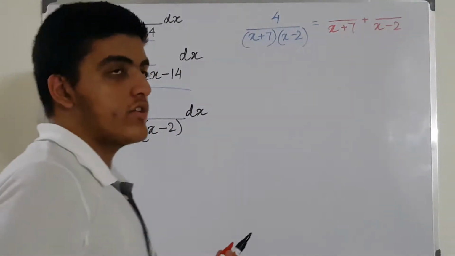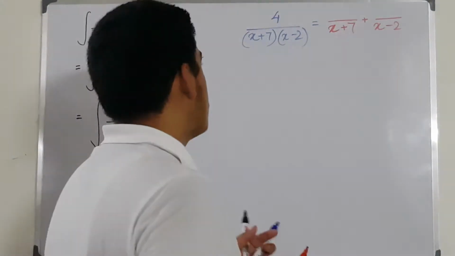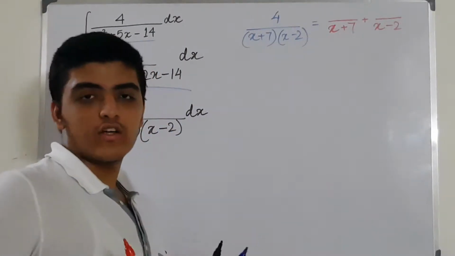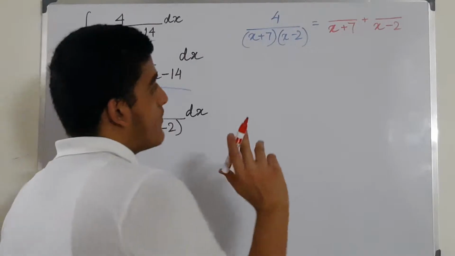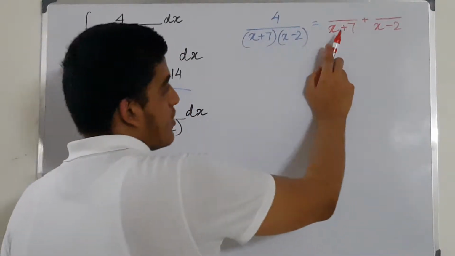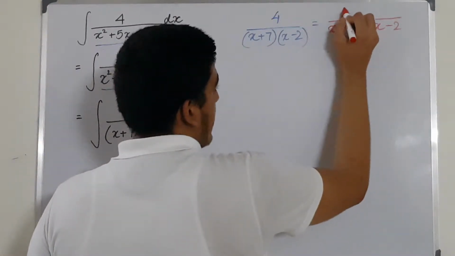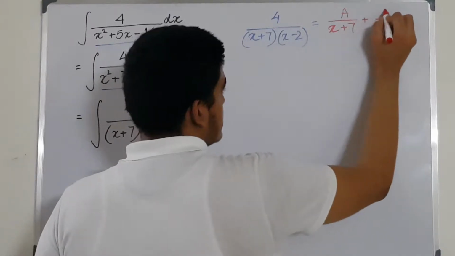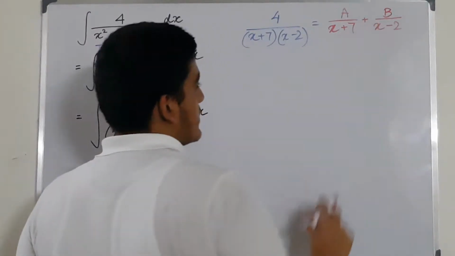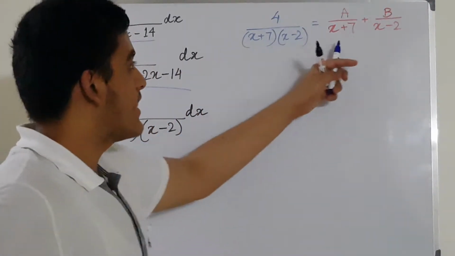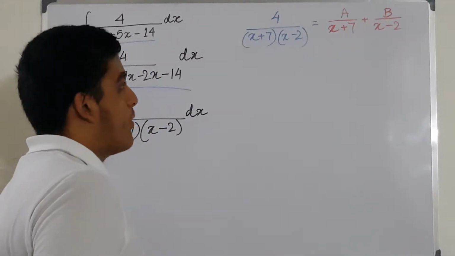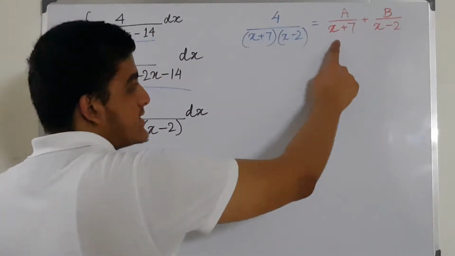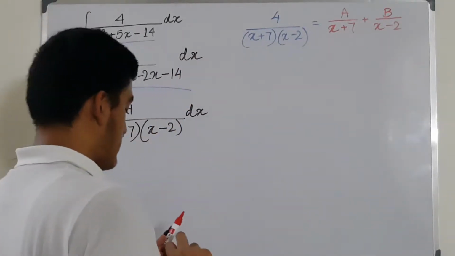Now the numerator for a general partial fractions question is always 1 degree smaller than the denominator. So I can say it's just a constant value, and so I take it as A and B. Now I will convert this into one term.